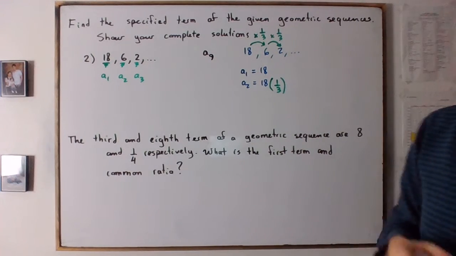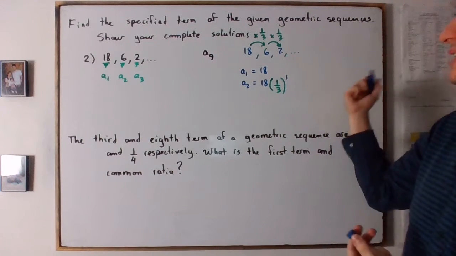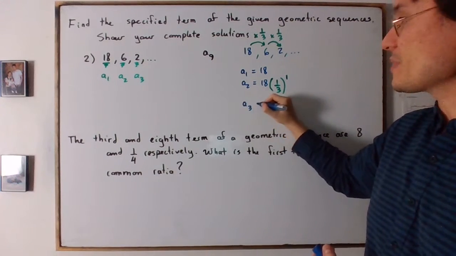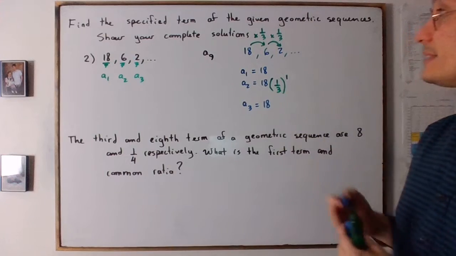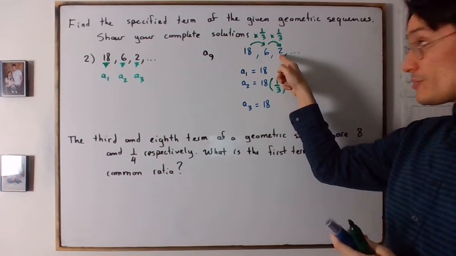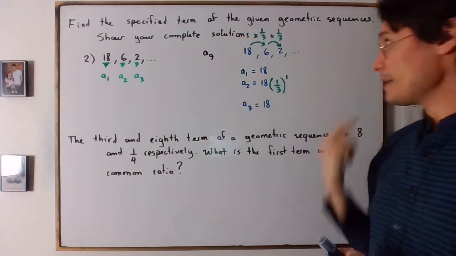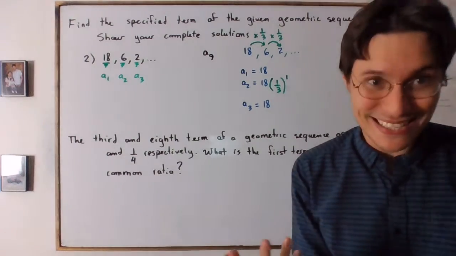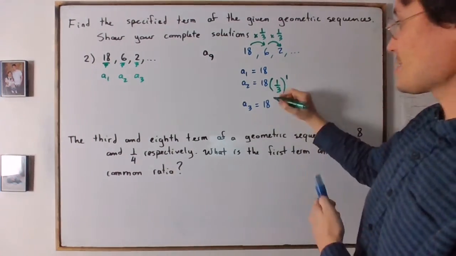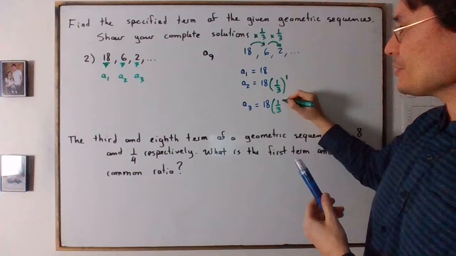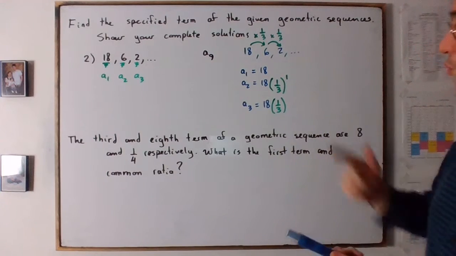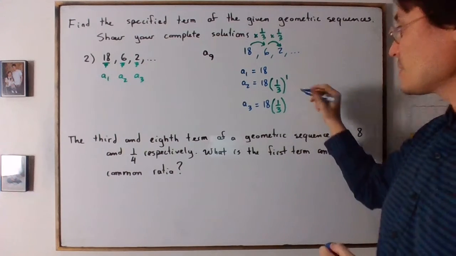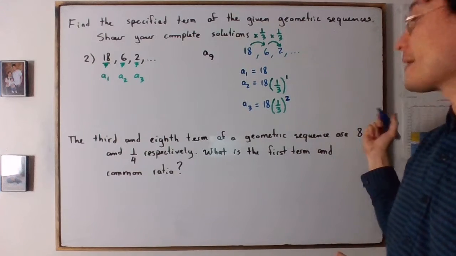Then A3 is going to be equal to 18, and to get to A3 you have to multiply by 1/3 twice. How do you multiply by 1/3 twice? You do 1/3 times 1/3, so it's going to be 1/3 squared.